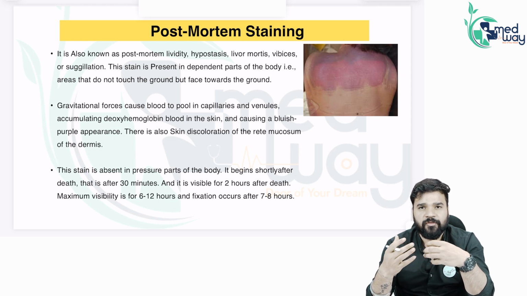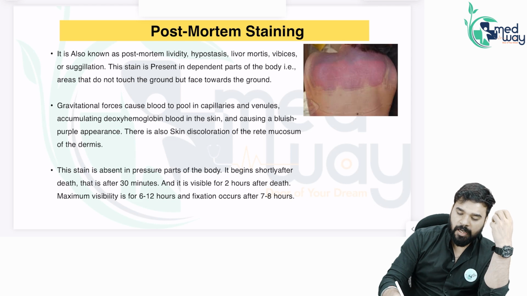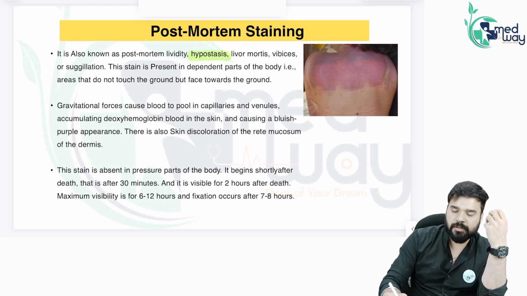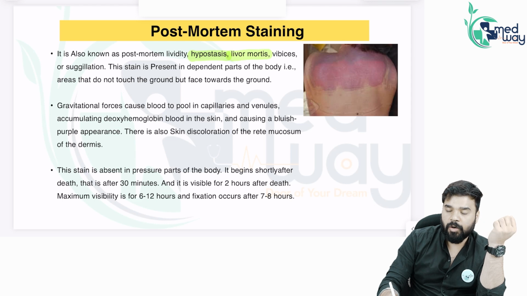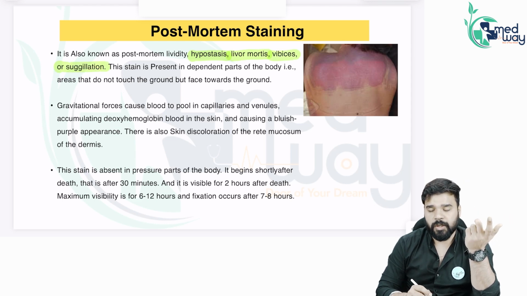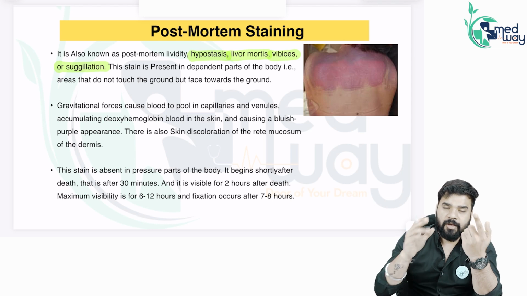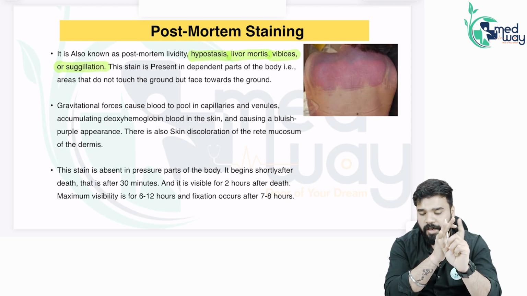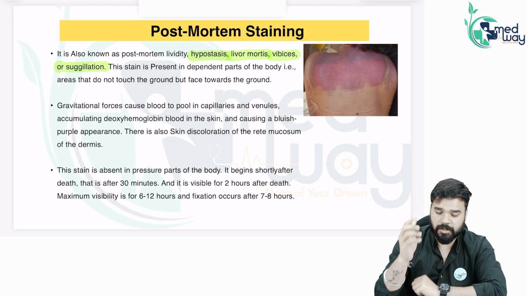But if they use a different name, like hypostasis, livor mortis, vibices or sigillation, we get confused. Okay, so PM staining or PM lividity is also known as hypostasis. It is also known as livor mortis, vibices and sigillation. So remember, hypostasis, livor mortis, vibices and sigillation.